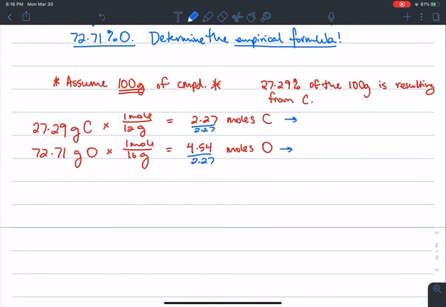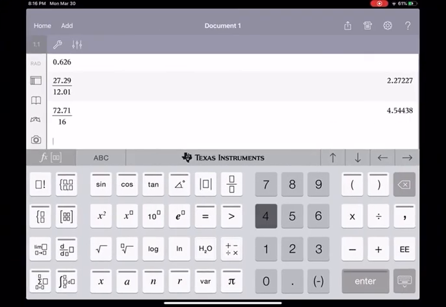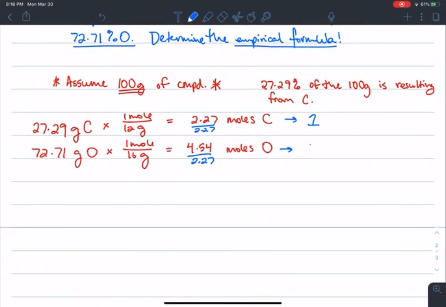Sorry, my colors aren't exactly super consistent. So here we get a 1. Remember that anytime you do an empirical formula problem, you should always get at least one of these answers to be 1 at the start. Okay? 4.54 divided by 2.27. What do you think it's going to be? Well, it's 2. Right?